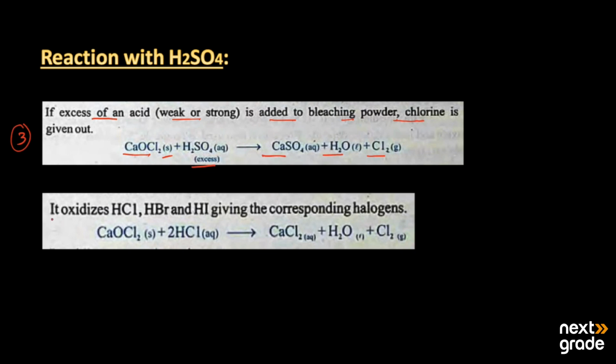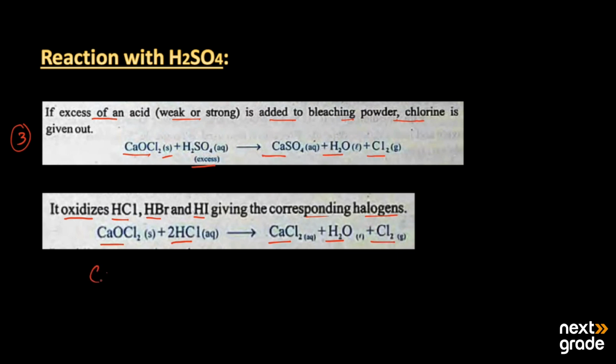After this, it can also oxidize other acids like HCl, hydrochloric acid, HBr, hydrobromic acid, as well as hydrogen iodide. It gives their corresponding halogens on reaction with bleaching powder. When it reacts with HCl, it produces calcium chloride, water, as well as chlorine gas.